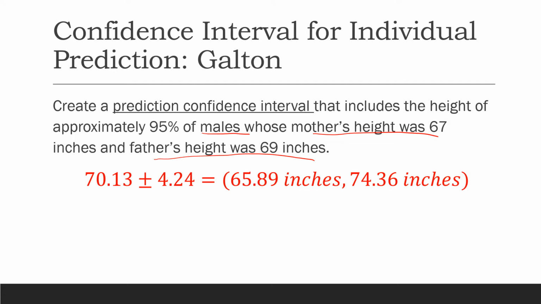My prediction interval would be 70.13 plus or minus 4.24, which gives me a range of 65.89 inches up to 74.36 inches. Again, we'll see how to get those calculations out from R in just a few minutes.